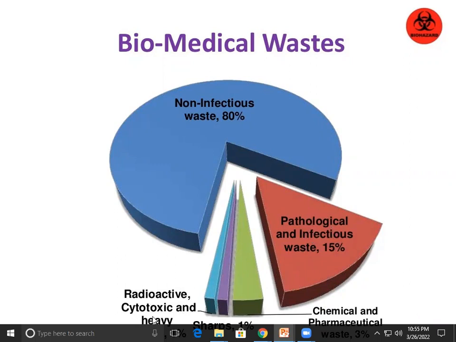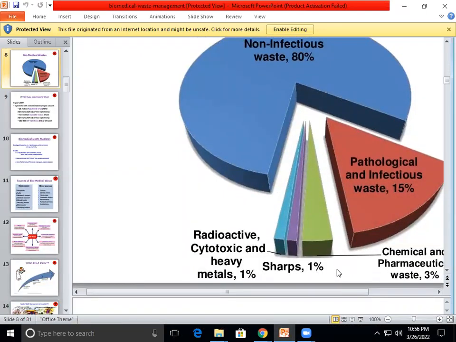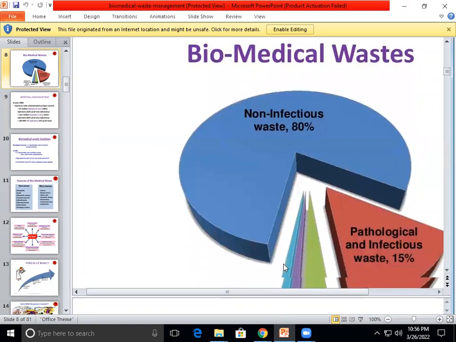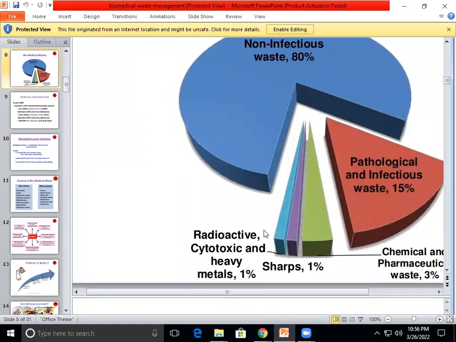Radioactive, cytotoxic waste and heavy metals are 1%. Sharps are 1%. What do sharps include? Needles, syringes, etc. These are the percentage variations of these types of waste.